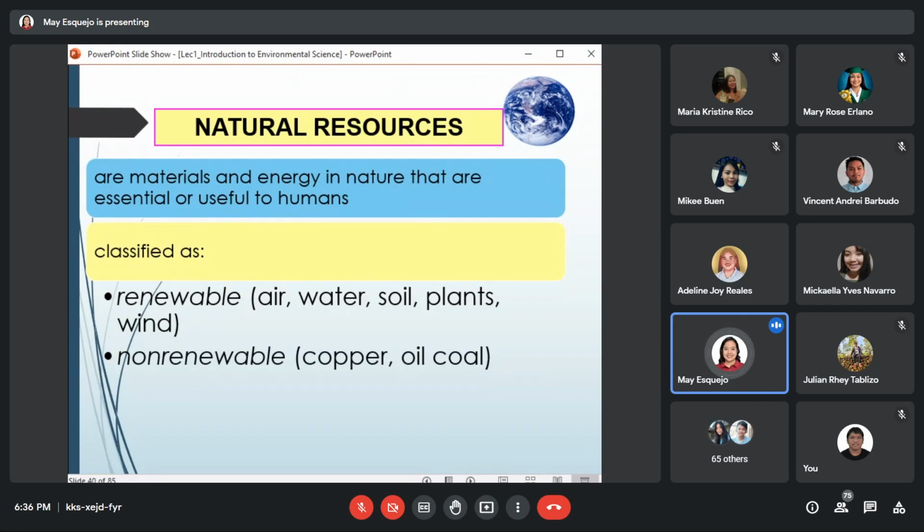So these natural resources are classified into renewable and then non-renewable. Okay, I know you already know this, but we will just go through it so that we can connect things and then we can relate how these topics are important in order to understand, okay, environmental science.